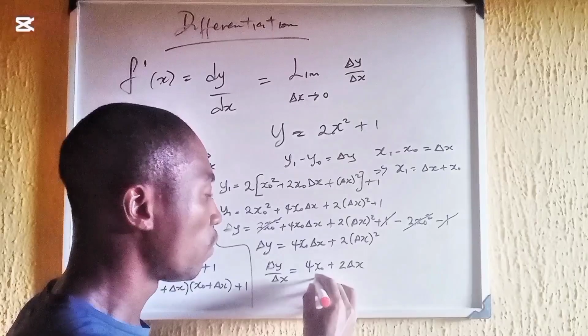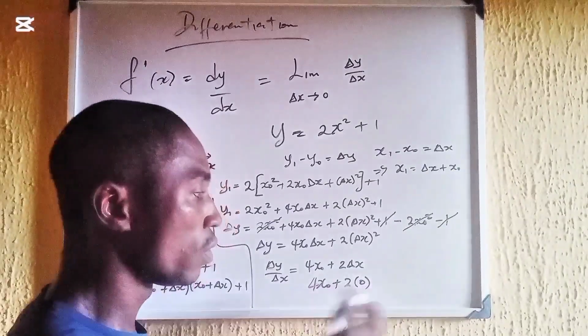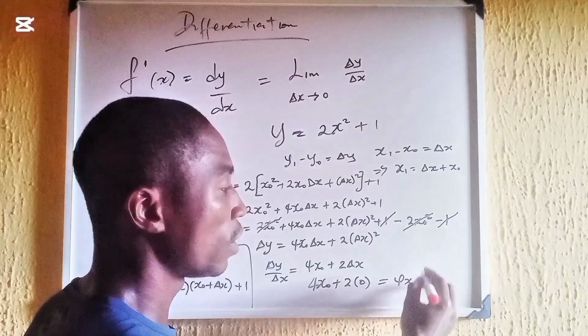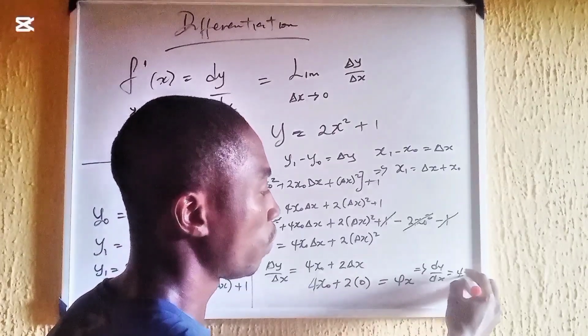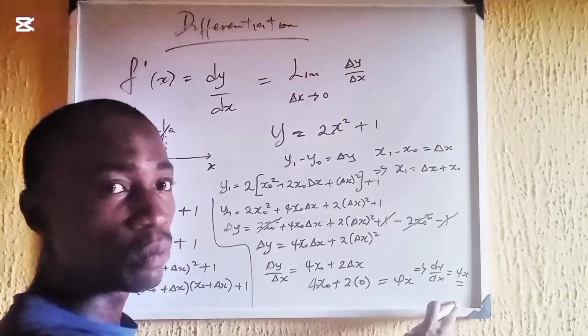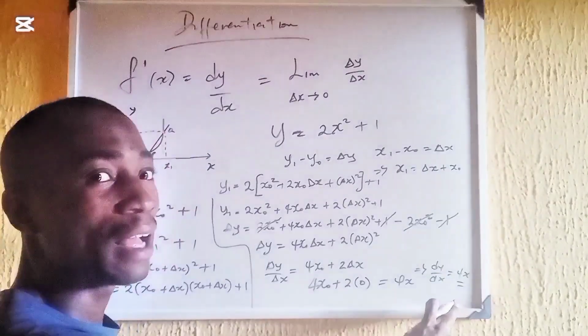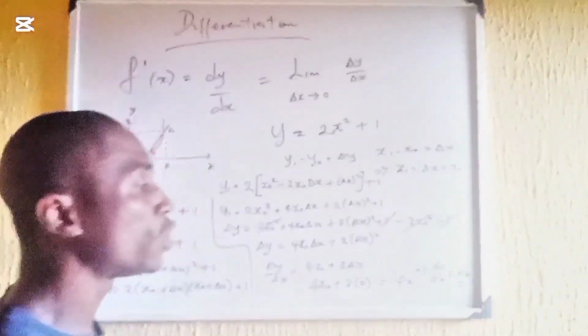We'll have 4x0 plus 2 into 0, and that gives us 4x, which implies that dy/dx is equal to 4x. This is the function for the slope of the curve at any point, which is also called the derivative.